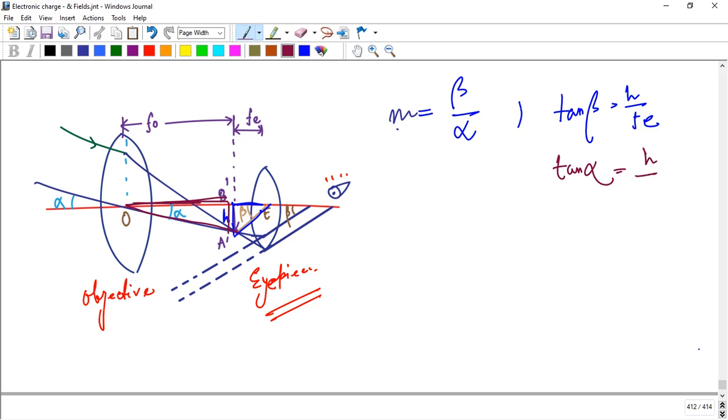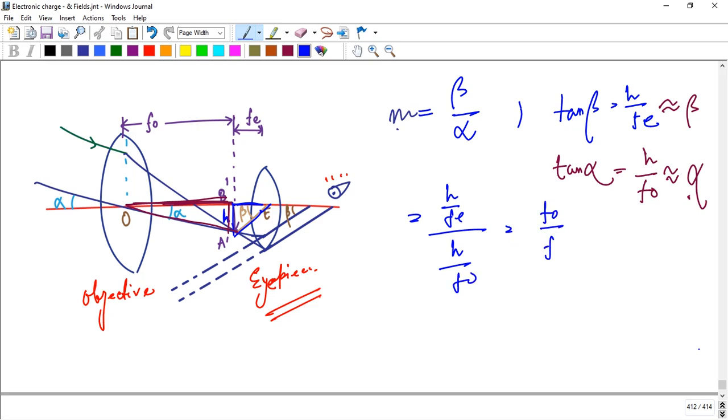For the small angle approximation, tan beta is approximately equal to beta, and likewise alpha. So now magnification equals beta by alpha, which is (h by fe) by (h by f naught), equal to f naught by fe.